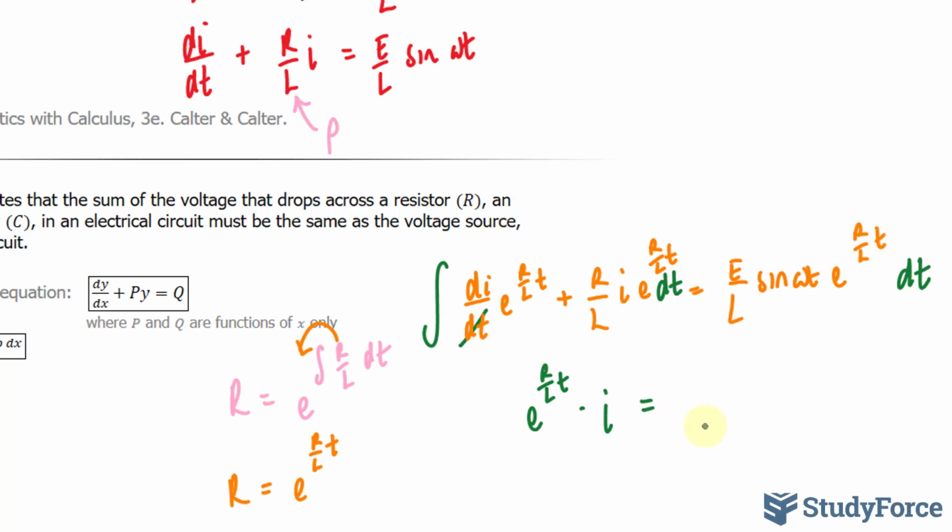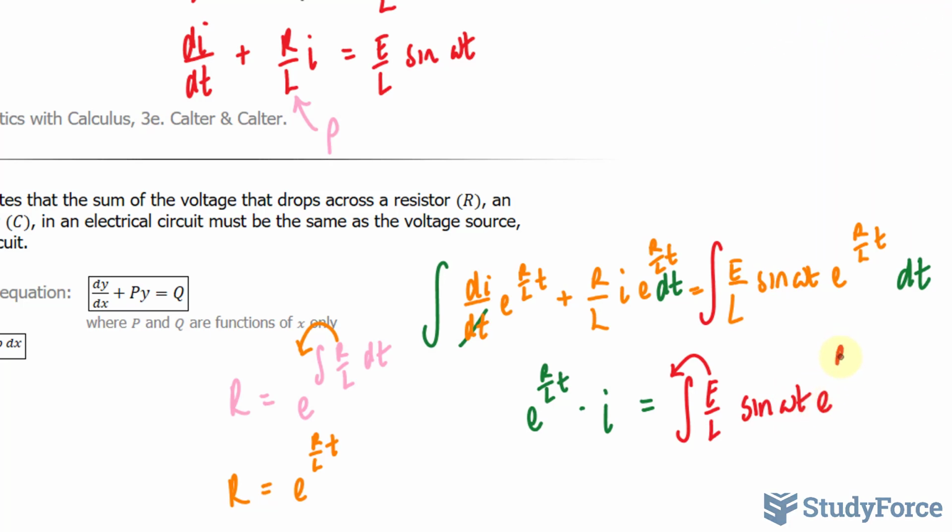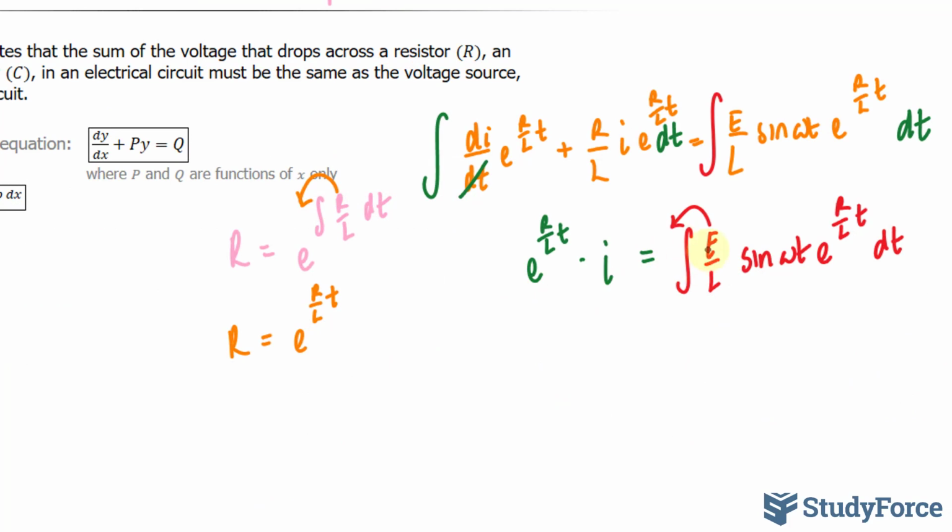The right side, on the other hand, stays the way it is, but we still need to integrate it, so I'll indicate that with an integral symbol. So we have the integral of E over L, our constant, which we'll pull out next, times sine omega t, e to the power of R over L t dt. Like I mentioned, I'll pull out this E over L, and the left side stays the exact way it was. Having pulled that out, we have to take the integral of this expression. To take the integral of this expression, you'll need to use integration by parts.